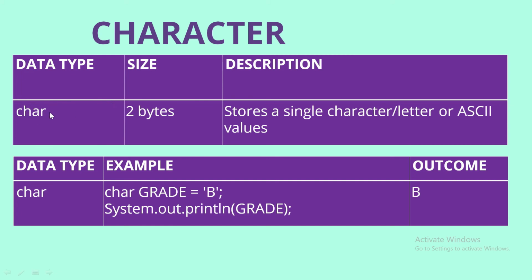The character data type is used to store a single character or letter in a memory space. Like in this example, the grade of a student requires data of character type. So when we print this grade, the outcome printed will be B.